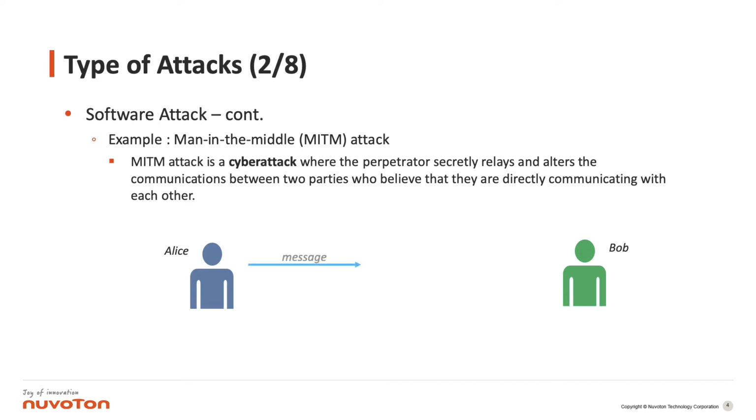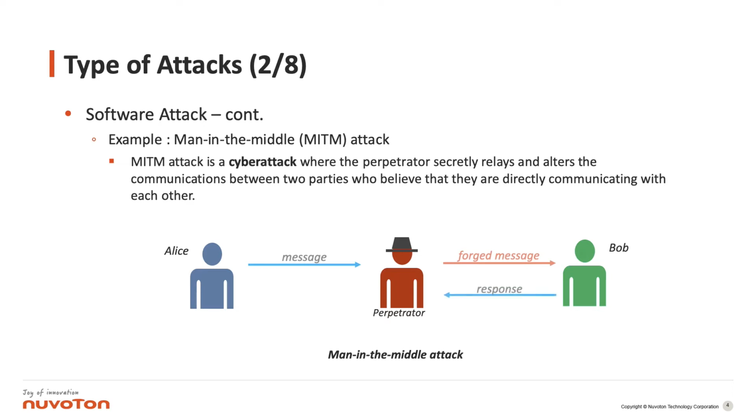Alice first sends a message with the public key to Bob. At this moment, a perpetrator appears. The perpetrator intercepts the message sent by Alice, replaces Alice's public key with his own public key, and then sends the forged message to Bob.